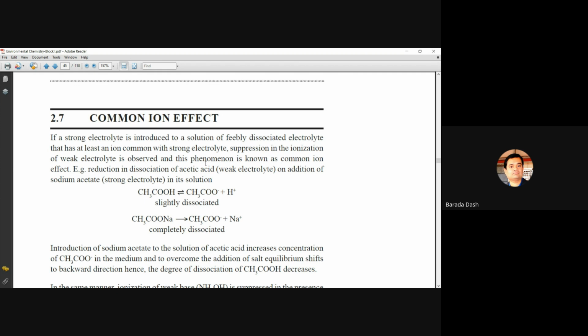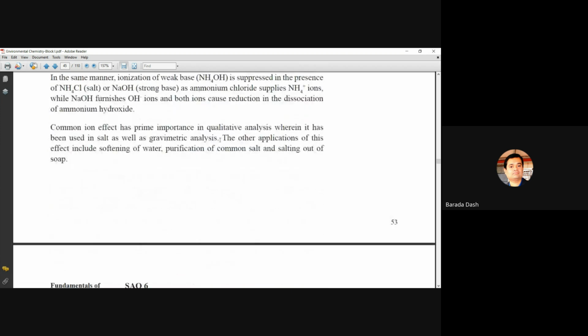So if there is a common ion between a strong electrolyte and a weak electrolyte, the suppression in the ionization of the weak electrolyte is observed, and this phenomenon is known as the common ion effect. So go through them.